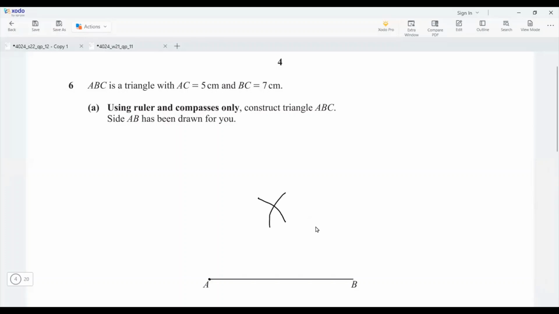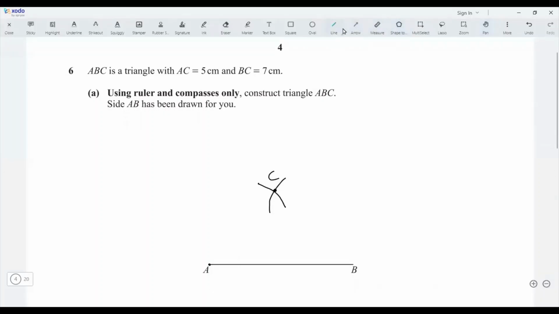It must look like this, and the point where both of the arcs join must be point C. Now simply join point C with A and B. That will be our answer. It must look like this. So this is basically the construction of triangle ABC.